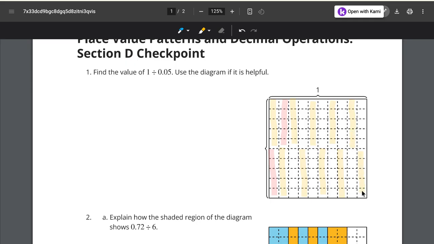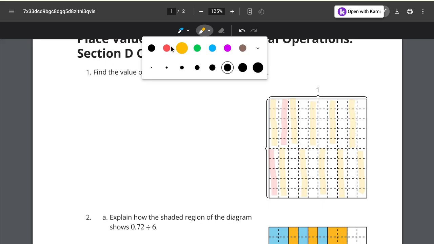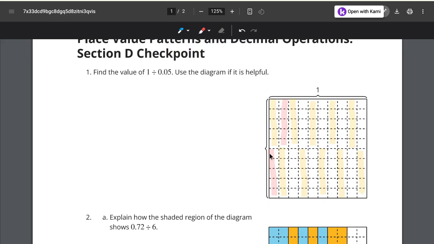And now I'm going to do the exact same thing, but with that alternating color, with the red. So we're going to have our groups of 5 hundredths in tan or yellow already shaded. And now I'm coming in and I'm claiming the ones that I am highlighting in this red color.